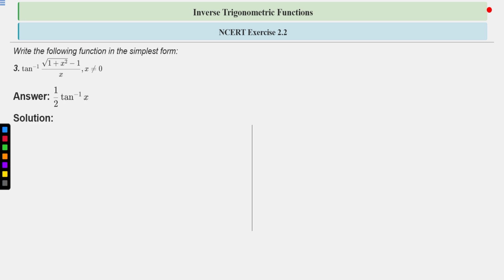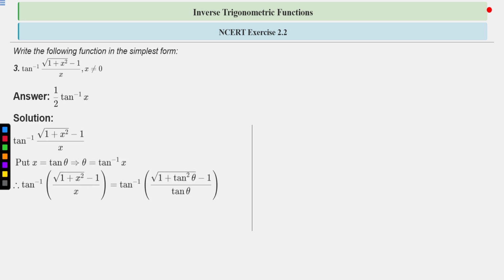So let us see. Tan inverse of root over 1 plus x square minus 1 upon x. Let us put x equal to tan theta in this case, therefore theta will be equal to tan inverse x.